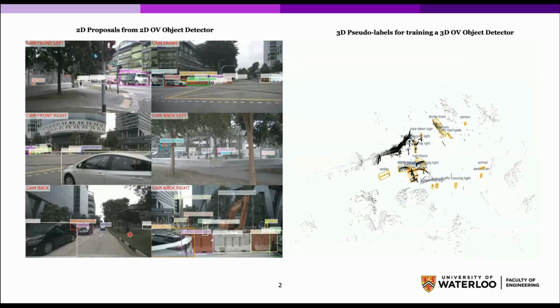So here's a video of taking 2D proposals from an open vocabulary object detector and providing 3D pseudo labels which we can use for training.